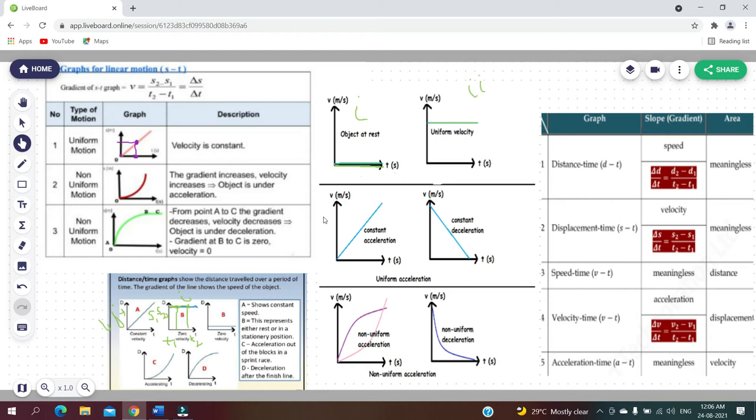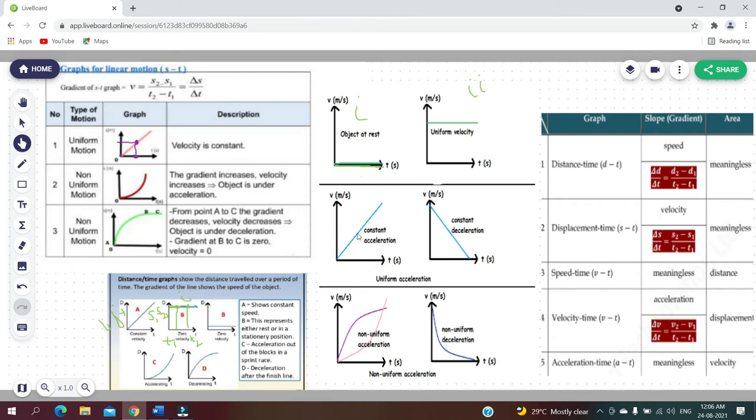Now, what does the slope of this velocity time graph indicate? Its slope means measure on y-axis upon measure on x-axis. Here on y-axis we have taken velocity, on x-axis we have taken time. So velocity divided by time is nothing but acceleration. So the slope of the velocity time graph indicates acceleration.